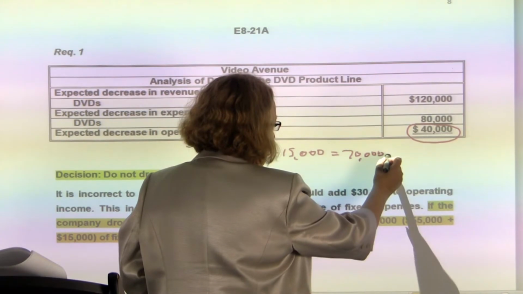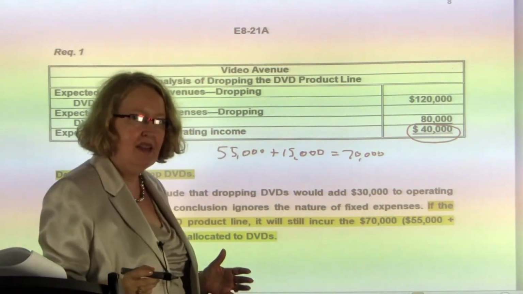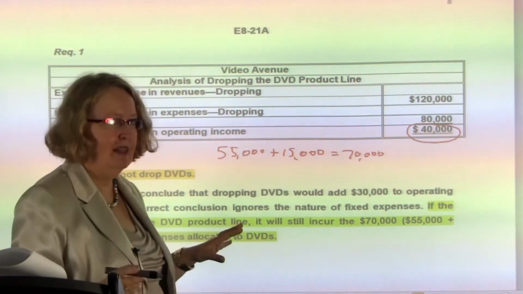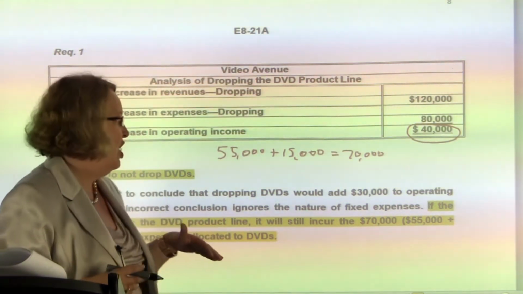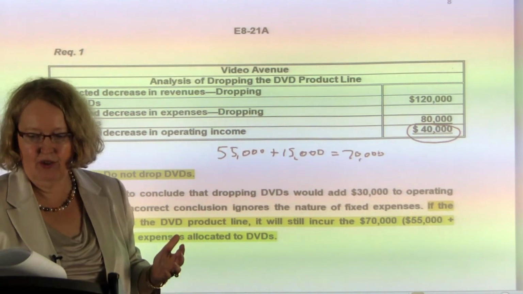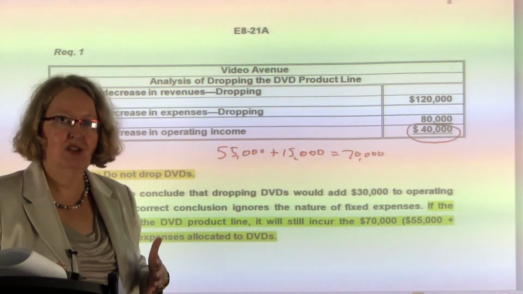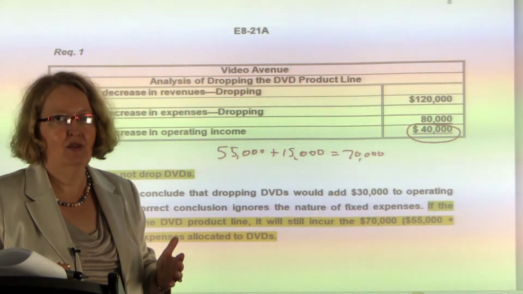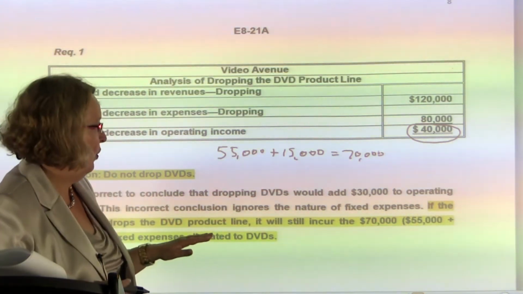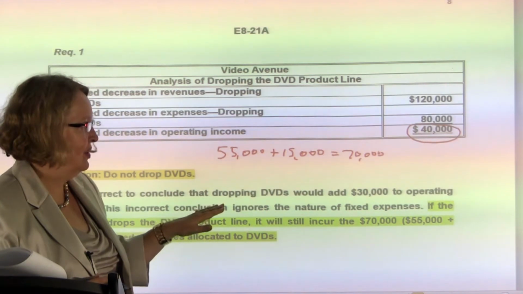That's going to be there anyway, so that's irrelevant. It doesn't get taken into account when you're making this decision, because again, your manufacturing costs, your marketing, your administration people, you're not going to be getting rid of all of that just because you're dropping that division. So you're not going to be saving those costs.